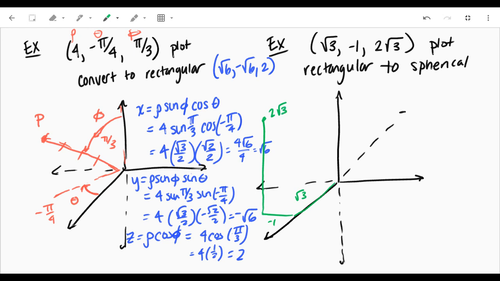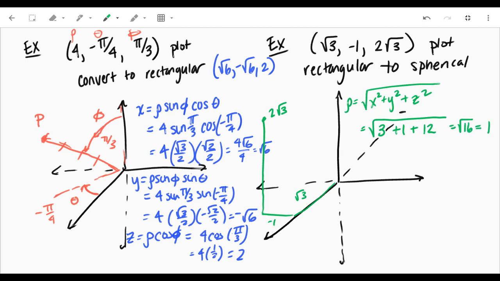Okay, so let's do our conversions here. Rho squared is x squared plus y squared plus z squared. So rho will be the square root of x squared plus y squared plus z squared. And remember, it's always positive. So we'll have the square root of x squared would be 3, y squared would be 1, and z squared would be 4 times 3, so 12. Okay, works out nice. Square root of 16, which is 4.